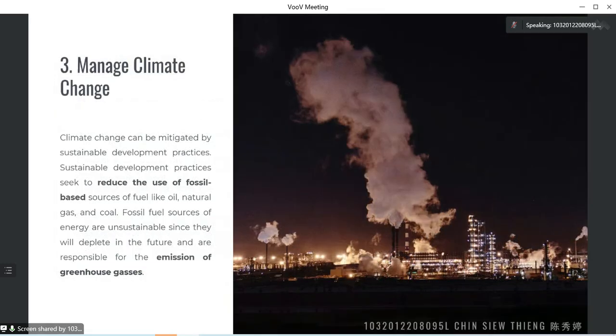The third one is managing climate change. As we know, climate change has been a very crucial issue since after 2020, the COVID-19, and a lot of countries have taken note, especially the UN nations, who even proposed an agreement, the Paris Agreement, to address climate change, lower emission gases, and develop and sustain more renewable energy resources.